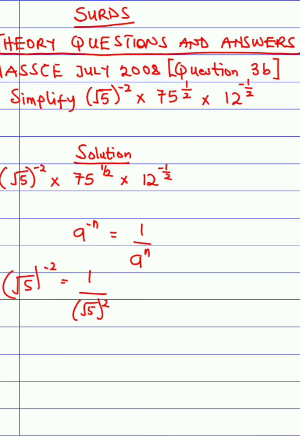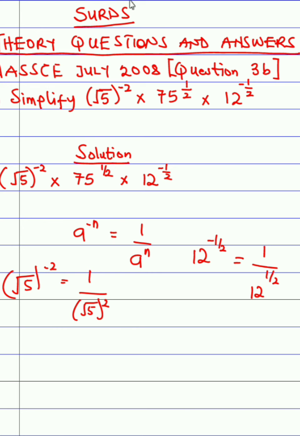I believe you are getting the concept. So this is equivalent to this. Good. Now let's get back to work. In the same way, 12 exponent negative half is the same as 1 over 12 exponent half, all from this concept. Once you understand this particular concept, you'll be able to work around questions which come as this.